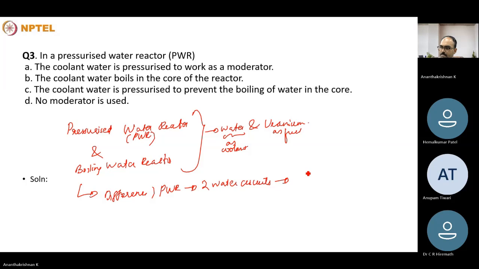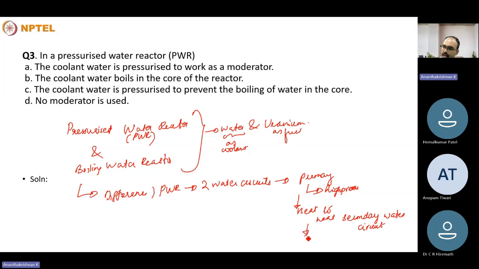In the primary circuit, the water will be at high pressure. This heat will be used to heat a secondary water circuit, and the heat in the secondary water circuit will be used for electricity generation.